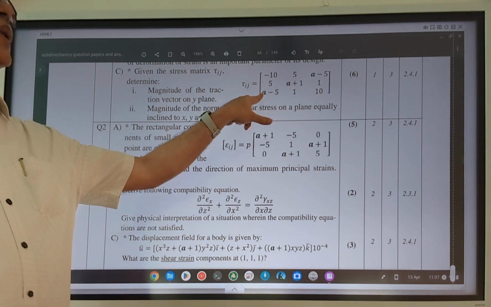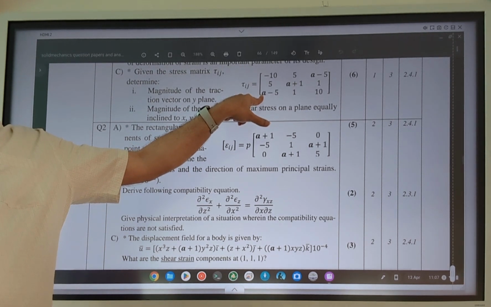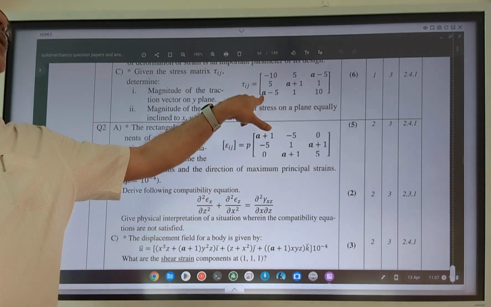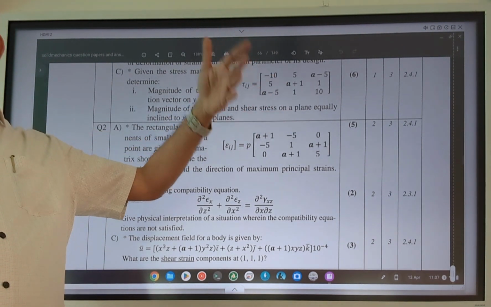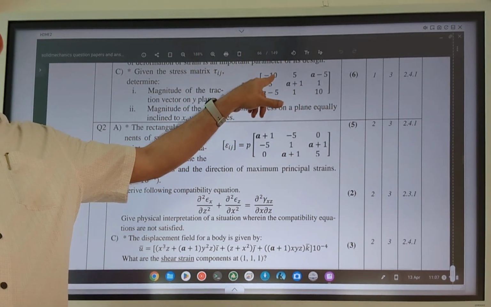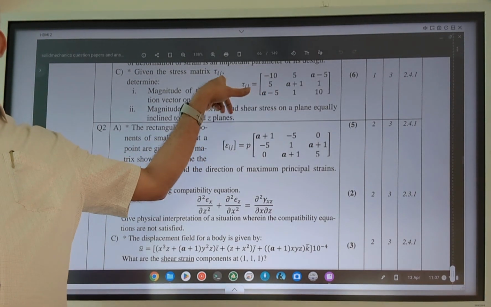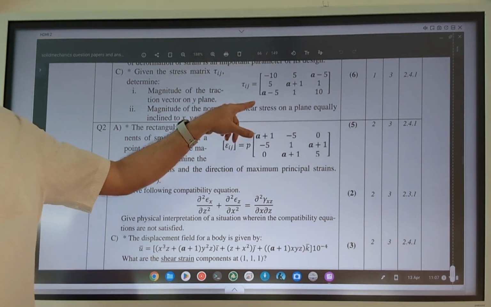So this A is the last digit of your registration number. If your registration number ends in 10, then A equals 0. If it is 19, then it is 9. Since it is a numerical problem, I just run one spreadsheet and get all the answers, so checking is not a problem for me. For you, if you want to practice, this question represents 10 questions, as 10 different numbers are available.